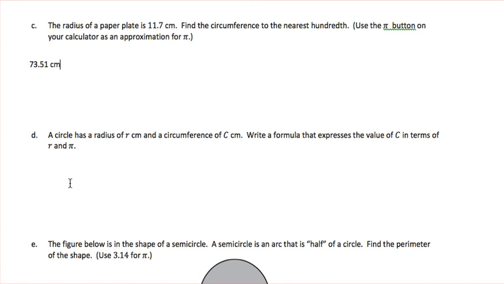A circle has a radius of r centimeters and a circumference of c centimeters. We're going to write a formula that expresses the value of c in terms of r and pi. So we would say then that c is equal to 2 times r times pi.